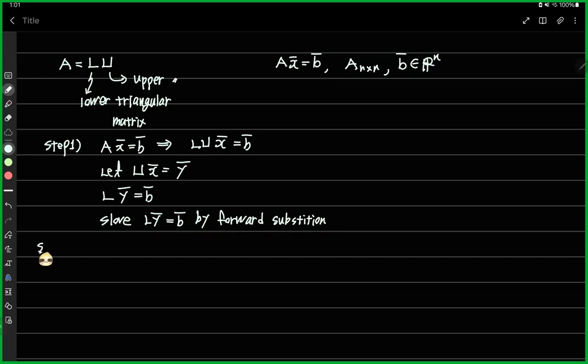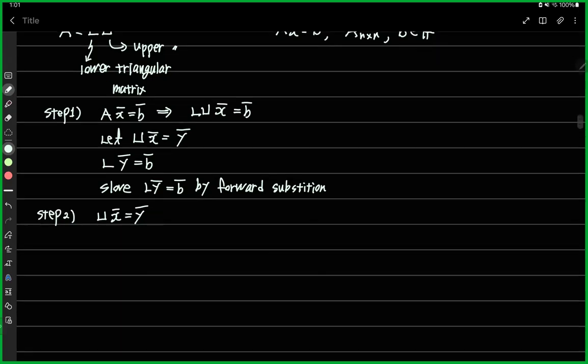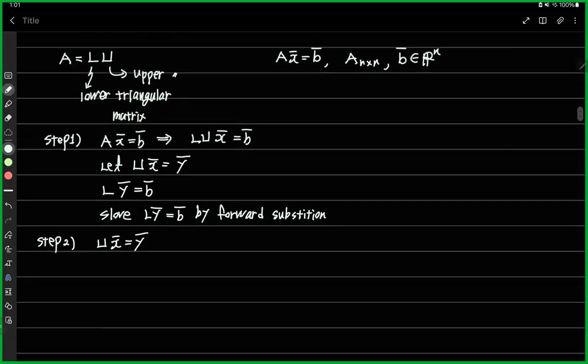Okay, and then step 2. Once we figured out Y bar, we solve U X bar is equal to Y bar, because we want to find X bar, not Y bar. So we got Y bar in step 1, so we know what Y bar is.